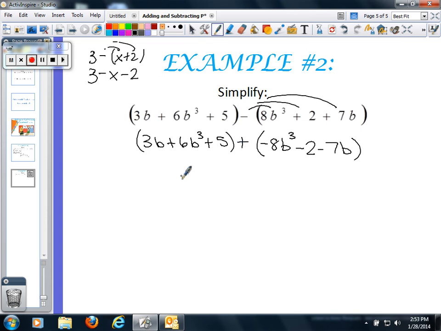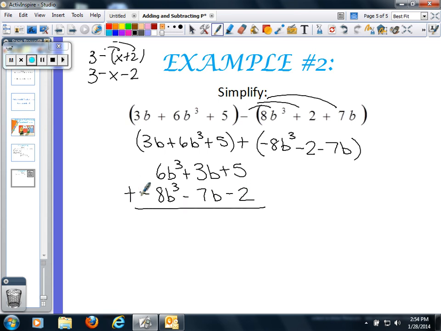Now this time when I use the stacking, I'm actually going to put them in descending order first. So I'm going to say 6b to the third plus 3b plus 5. And I'll go ahead and rewrite this one in descending order below the common terms. So minus 8b to the third minus 7b minus 2.